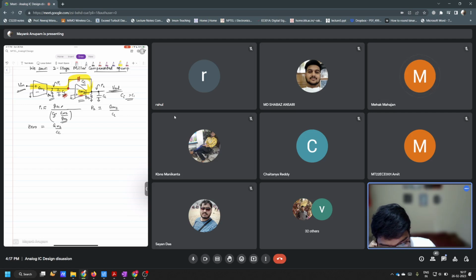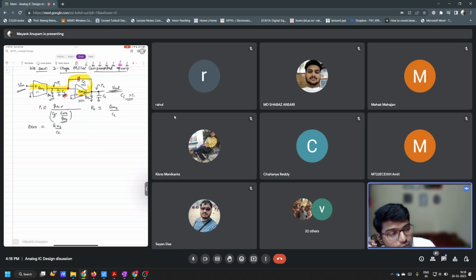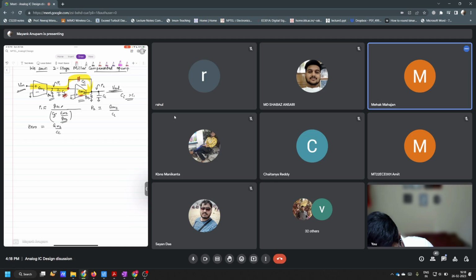And which is the other path? Through both the GM stages. Correct. This is the second path, the direct straight path.